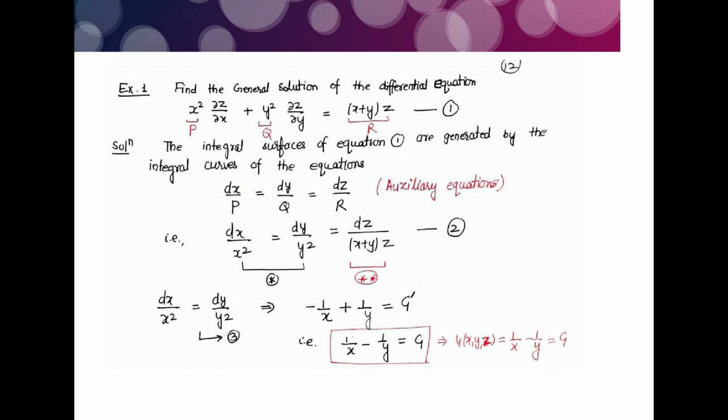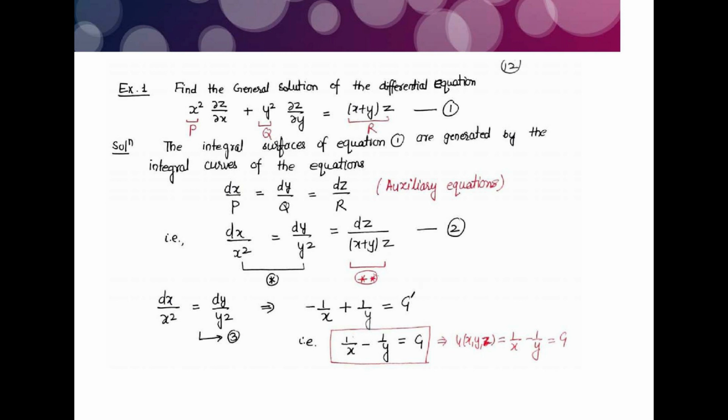So the integral surfaces of equation number 1 are generated by the integral curves of the auxiliary equation dx upon P equal to dy upon Q equal to dz upon R. Now in this auxiliary equation, put the values of capital P, Q, and R. Now we have equation number 2.